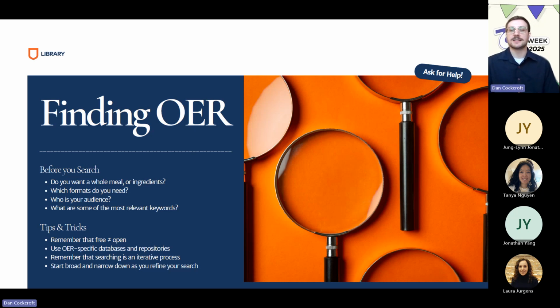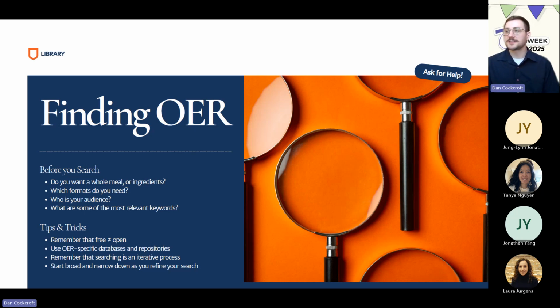Remember that searching is an iterative process. So your first search will not be as effective as your second search and so on. So the more you search and the more you familiarize yourself with the databases and the search terms and find out what's effective, you'll get better and better at your searching. I recommend to kind of start broad and narrow down as you refine your search.